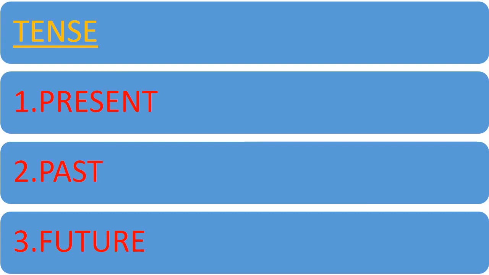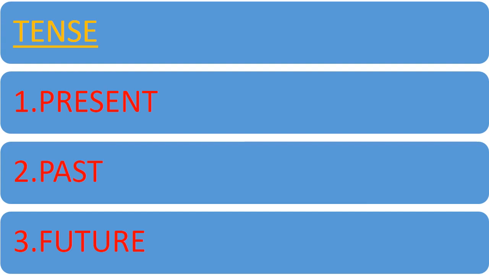Tenses denote time. It tells us about the action. So tenses are divided into three kinds: present, past and future. And further they are divided as indefinite or simple, continuous or progressive, perfect and perfect continuous.